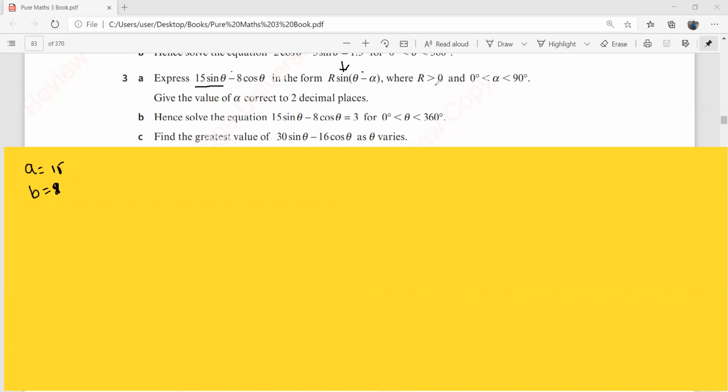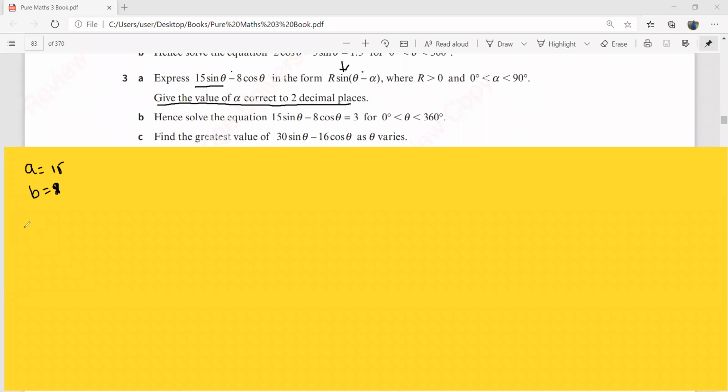It says give alpha correct to two decimal places. There is no condition on R, so R might be an exact value in this case. So you have to see what the conditions are for these values. It says R is positive, alpha is acute.